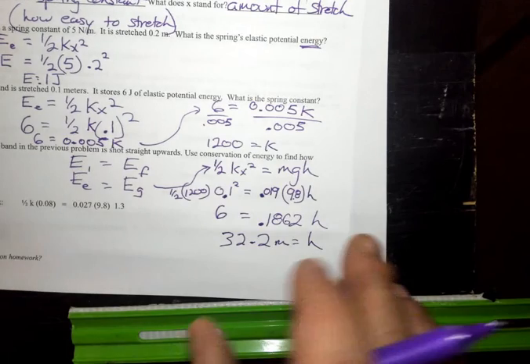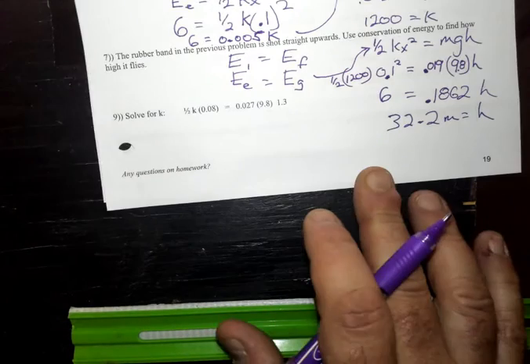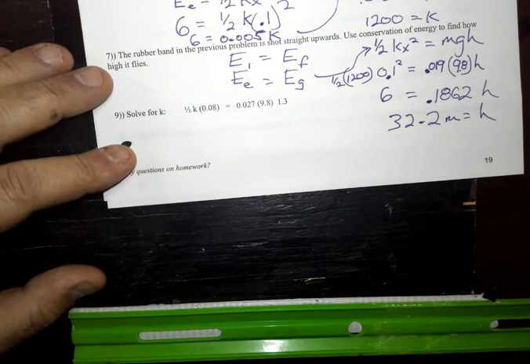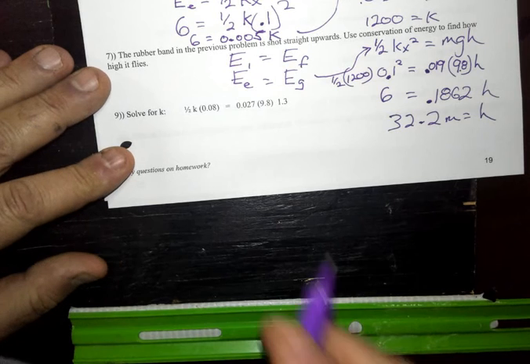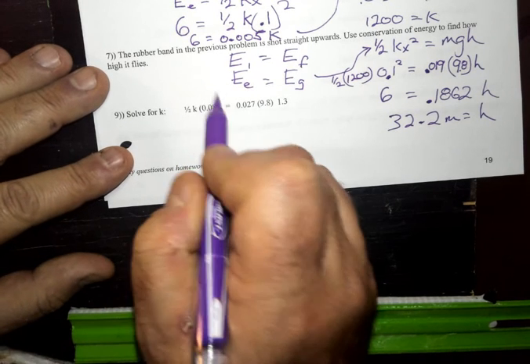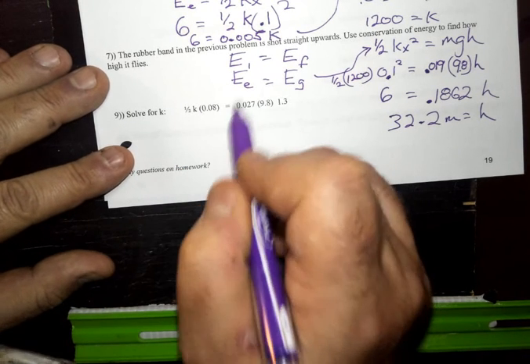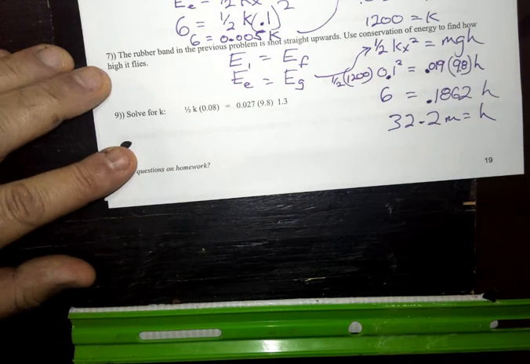Solve for K. So here's some sample math that you might end up with when you're doing these kinds of problems. We have an elastic energy over here, and this looks like it's gravitational energy. So let's just practice our math here a little bit.